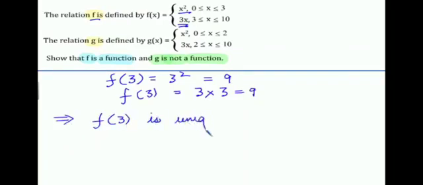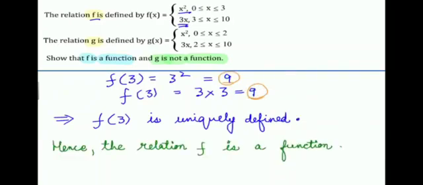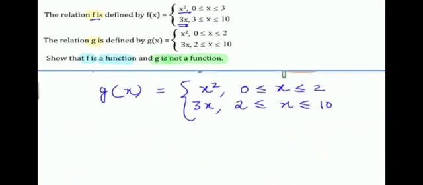You can also select when x is equal to 3, f of x is equal to 3x, so 3 into 3 is equal to 9. So here 3 is related only and only to 9. So f of 3 is uniquely defined. That means our definition of a function was that your first element should not repeat. So here the first element 3 goes with 9 only, hence the relation f is a function.